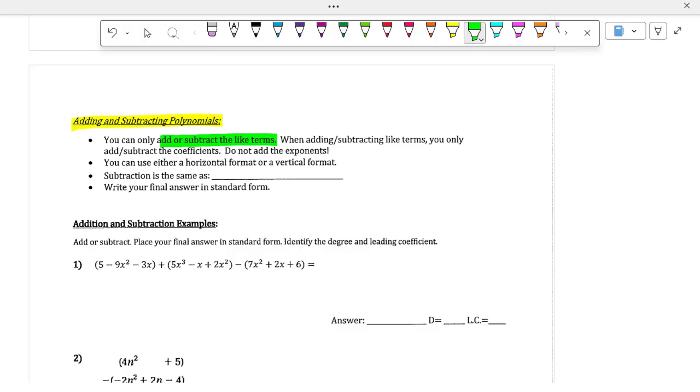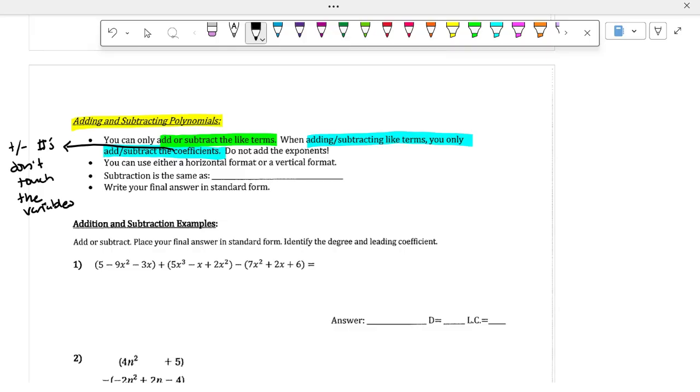Same variable, same exponent. Now, the biggest thing here: when you add and subtract like terms, you only add and subtract the coefficients. That just means add or subtract the numbers. Don't touch the variables.